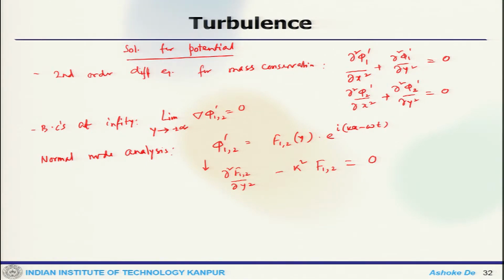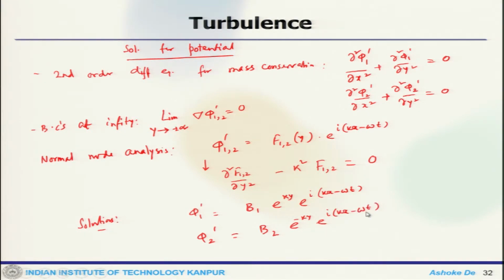Once we put it back there, this is now the solution that you can have, that is phi 1 prime equals to b1 e to the power ky times e to the power i (kx minus omega t), and phi 2 prime would be b2 e to the power minus ky times e to the power i (kx minus omega t).